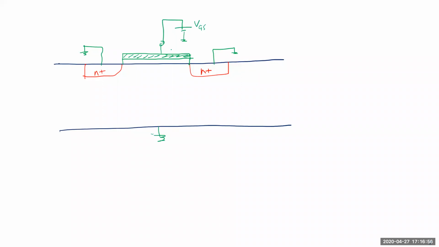It's with respect to the source, which is why it's called VGS, but essentially now all the potentials are the same. So this is ground, this is ground, this is ground, and your channel is formed, and it looks like a capacitor. Your channel is formed at the time when VGS equals VTN.